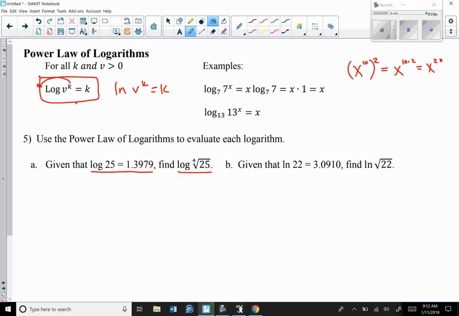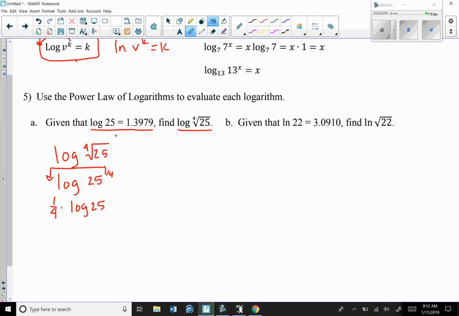So remember that the log of the fourth root of 25 can be written as the log of 25 to the 1/4 power. Now we can use our power law of logarithms by bringing this down in front. So that exponent is 1/4 times the log of 25. So that's like an exponent times an exponent.